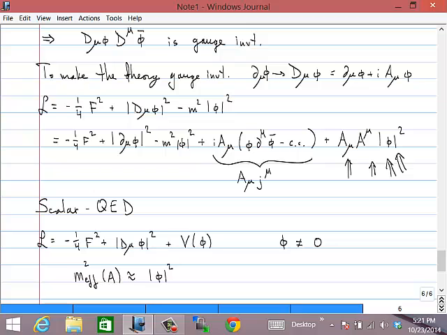And so this means that when you study the theory in a phase where phi is non-zero, your photons have become massive. Okay? And so inside a superconductor, photons are massive, or the effective photons that describe electromagnetism in a superconductor are massive. So for example, one of the famous features of a superconductor is what's known as the Meissner effect.